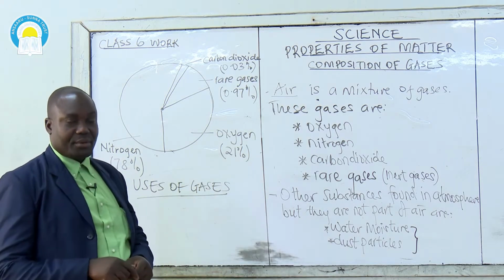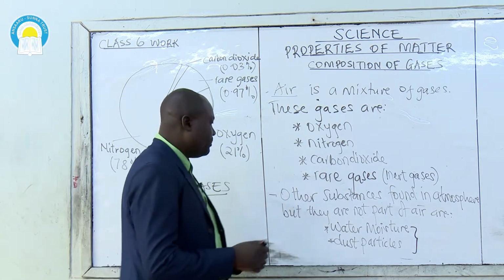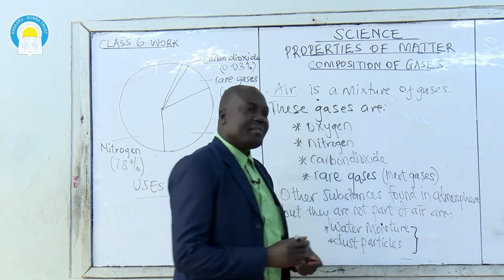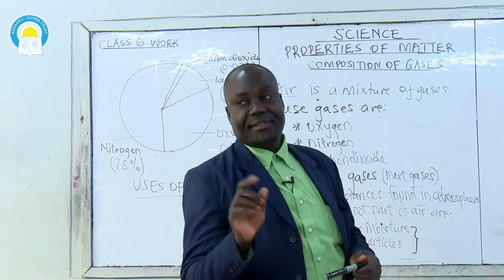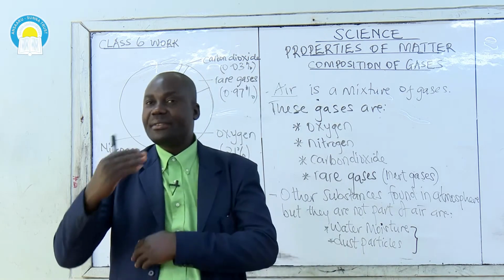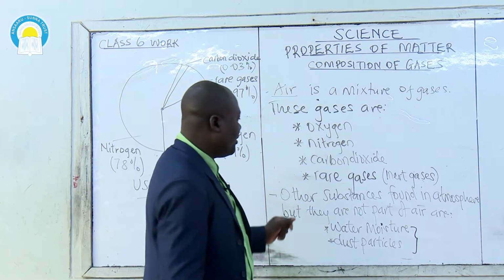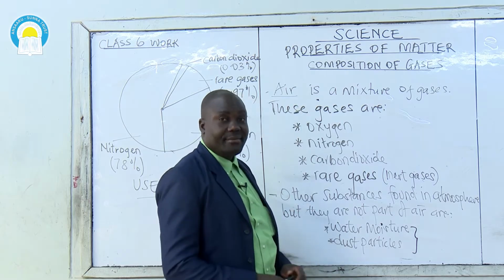That's a question that was brought in KCPE 2009: which of the following substances found in the atmosphere keeps on varying from time to time? That was water vapor or moisture and dust particles.